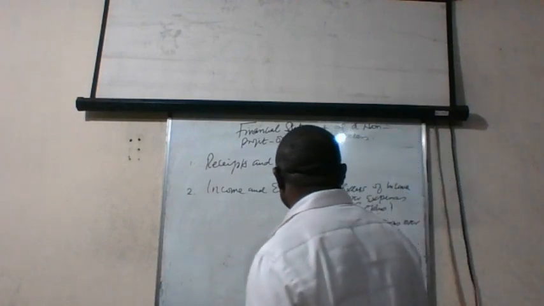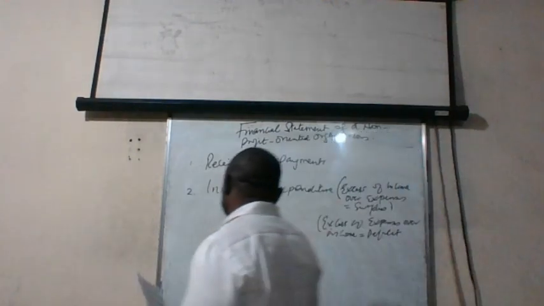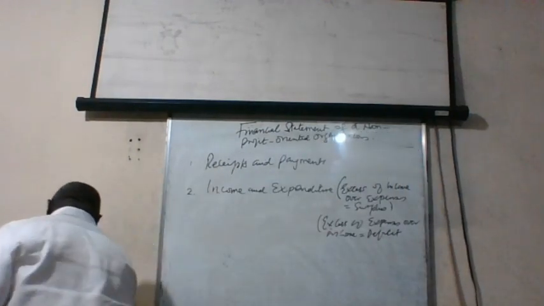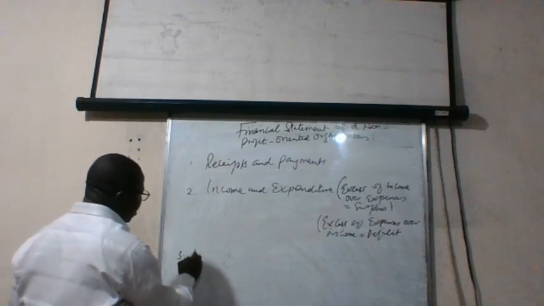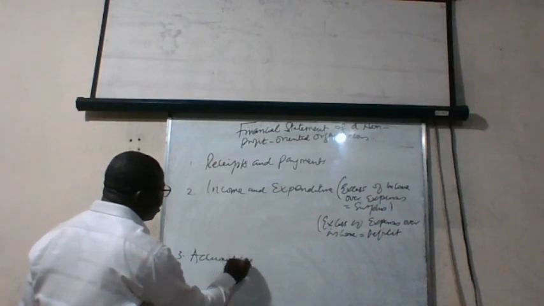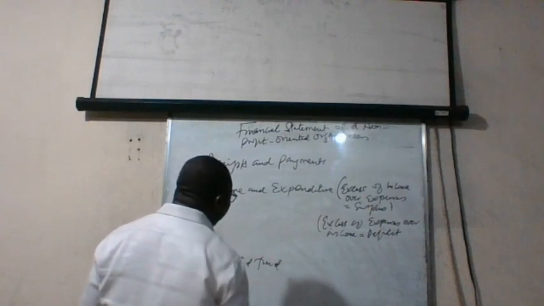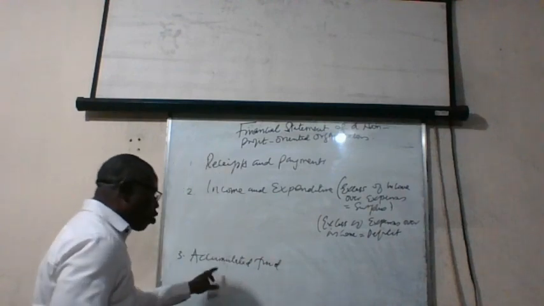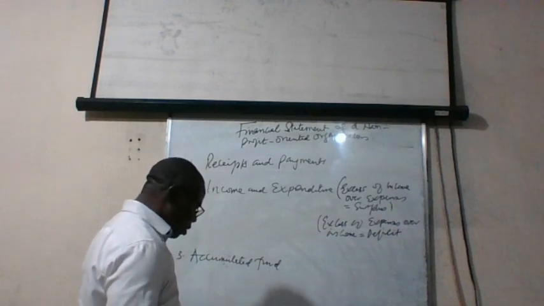Another critical one we need to look at is the computation of accumulated funds. Number 3, accumulated funds. In a profit making organization, this is what we call assets or capital.